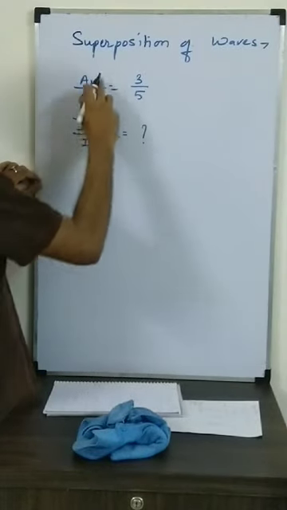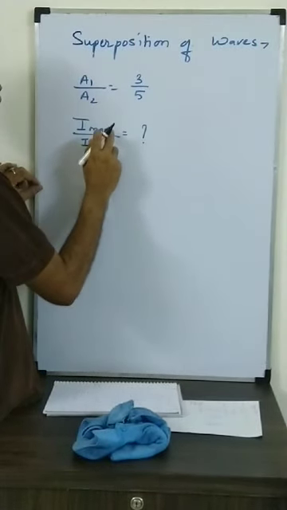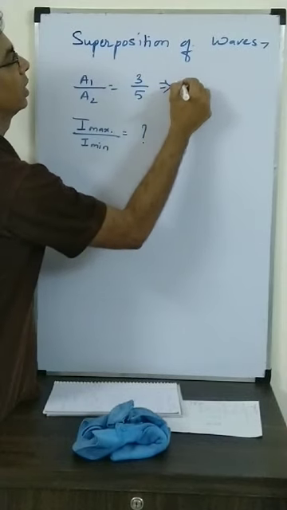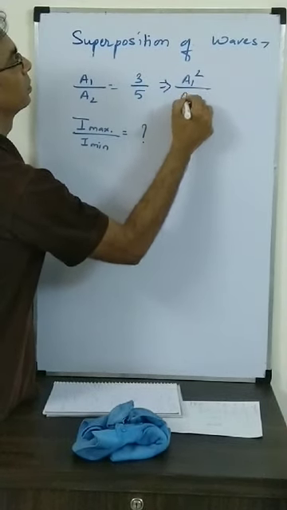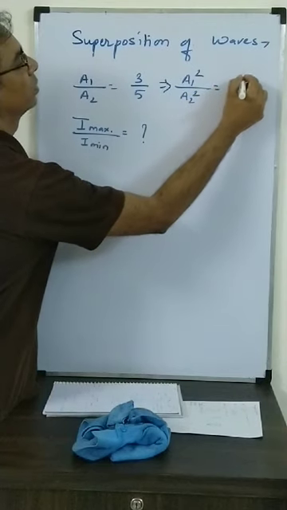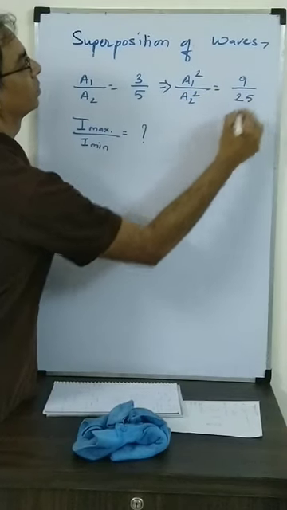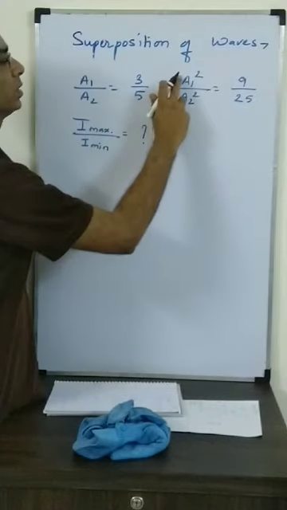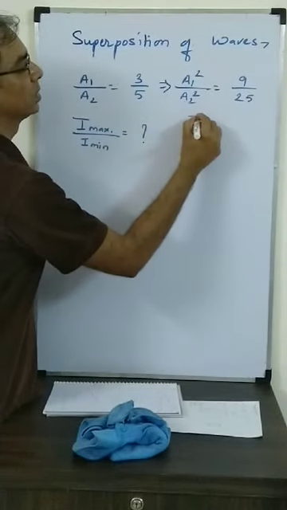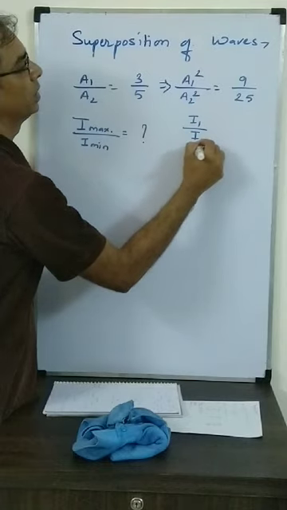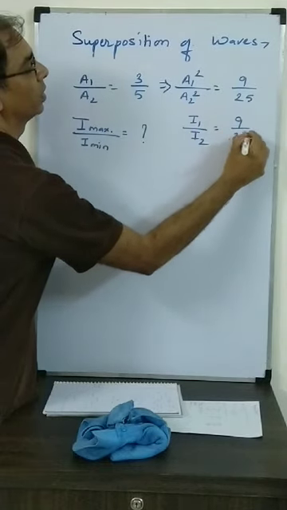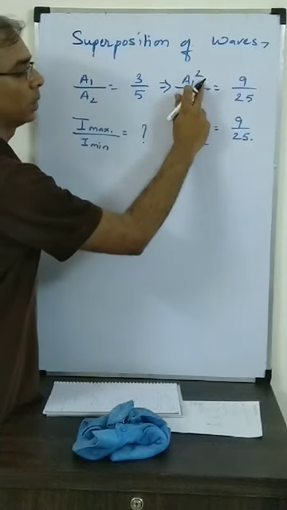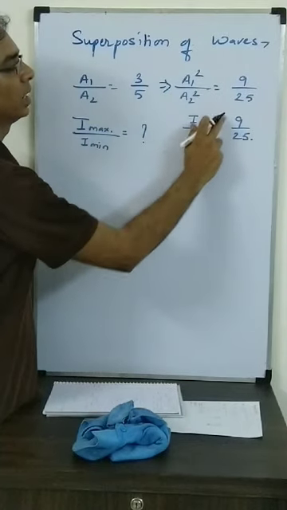A1 by A2 is given, and from here we have to find I max by I minimum. So A1 square by A2 square is 9/25. Now A1 square by A2 square actually means I1 by I2 is 9/25, because we saw that I is directly proportional to A square.